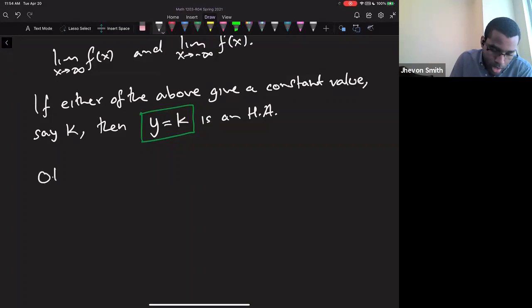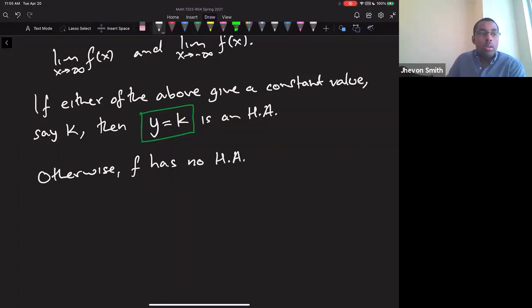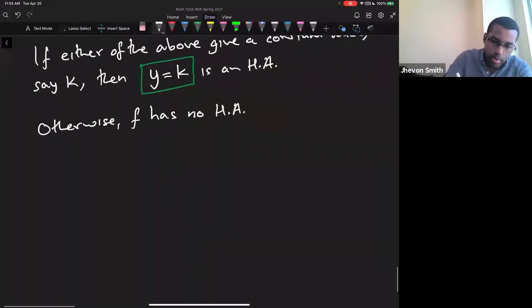Otherwise, it's possible that both limits don't exist or they don't give you constant values. F has no horizontal asymptote. Now, there are a couple functions that we like dealing with that we kind of know some things right off the bat. So let me just actually say that.